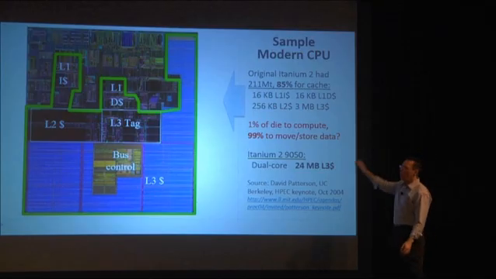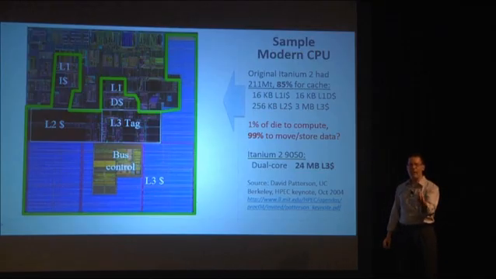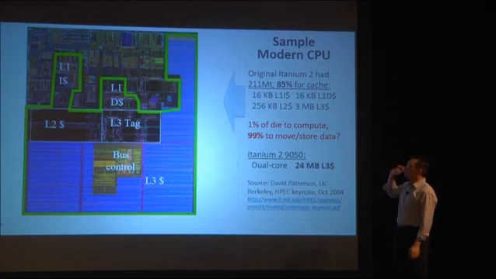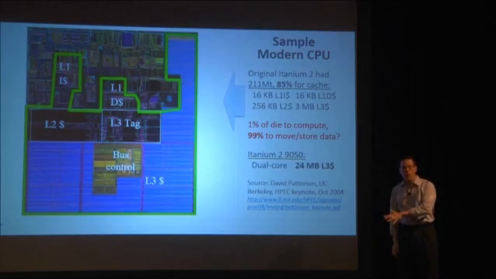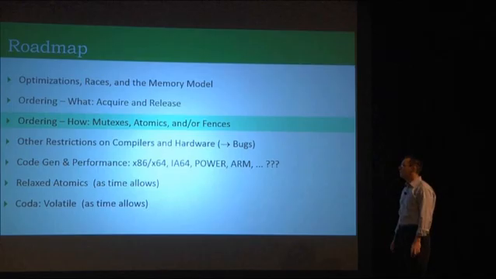So roughly 1% of the transistors on your chip ever actually compute anything. All the other 99% are there to hide memory latency, to keep this pipeline full. This is just to give you a flavor of how hard they're working for you; you really don't want to interrupt them doing this hard work unless we really have to.